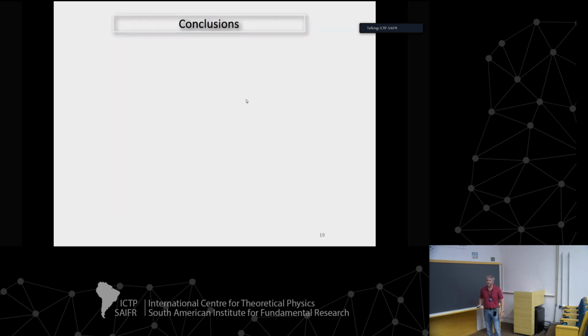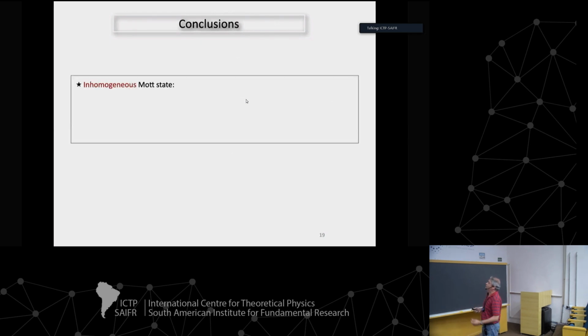So that's it. I think I'm early a little bit, but that's okay. The conclusions are that it pays to look at the inhomogeneous Mott state, and especially at the domain walls. They are there, they seem to be large, and they are certainly going to play a role in the overall conductivity behavior of the system.